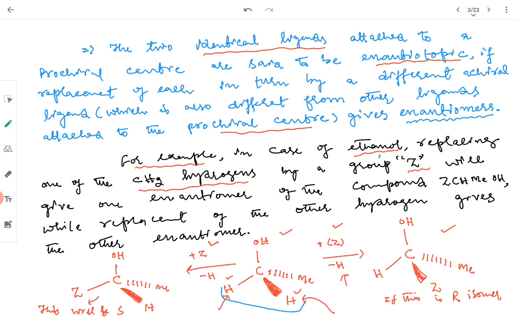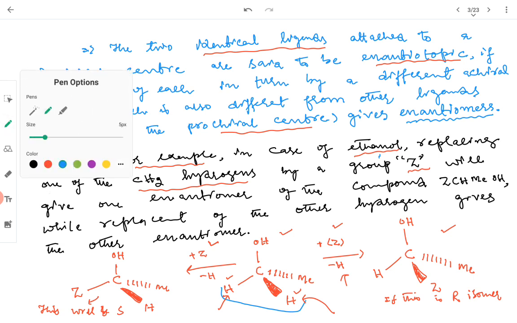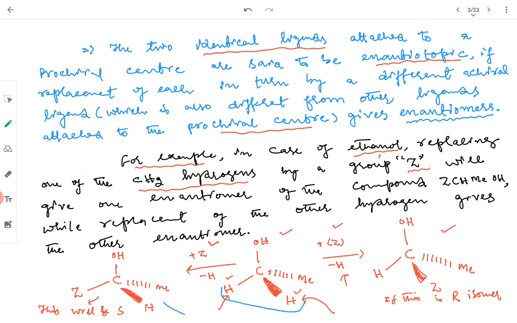So replacing these two hydrogens one by one gives enantiomers. It means this stereoisomer and this stereoisomer are enantiomers of each other. If this is the R isomer, this has to be the S isomer.